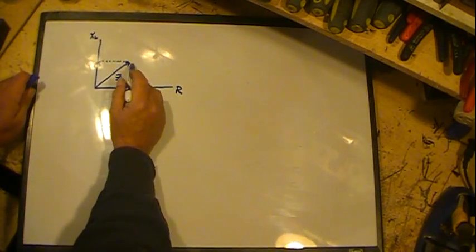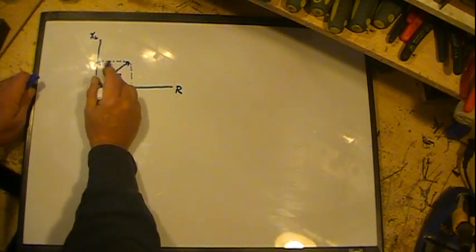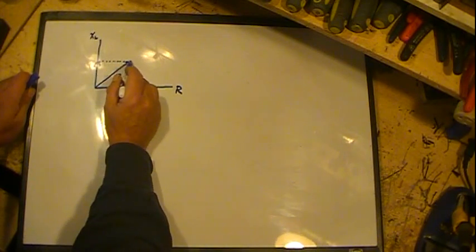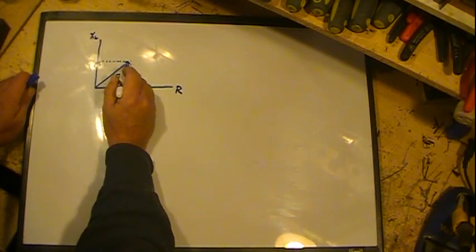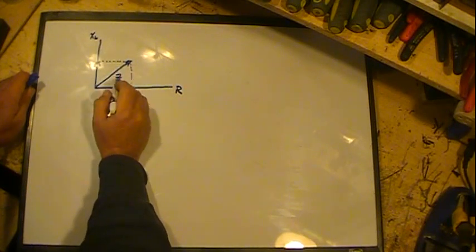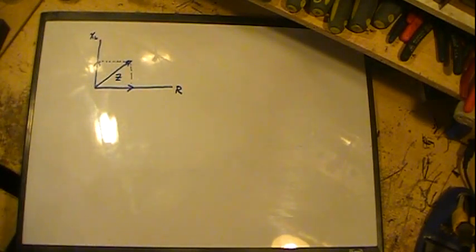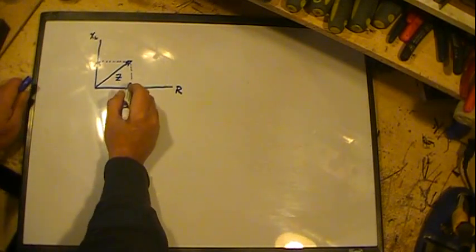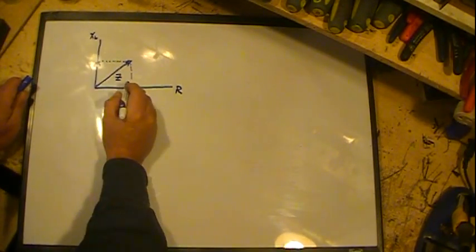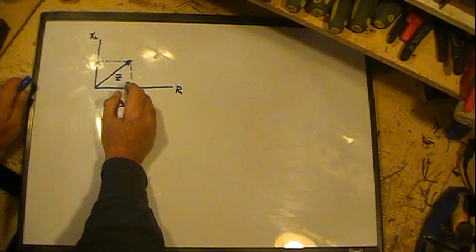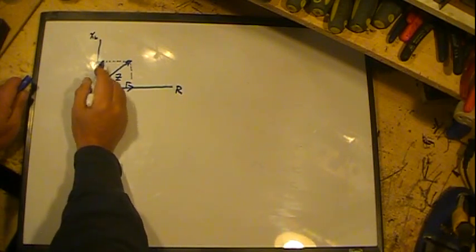But if I draw a straight line up and I draw a horizontal line across here, from this point to a point here, then that will create a vector for impedance. This line up or this line over, either one of these two creates a 90-degree angle.